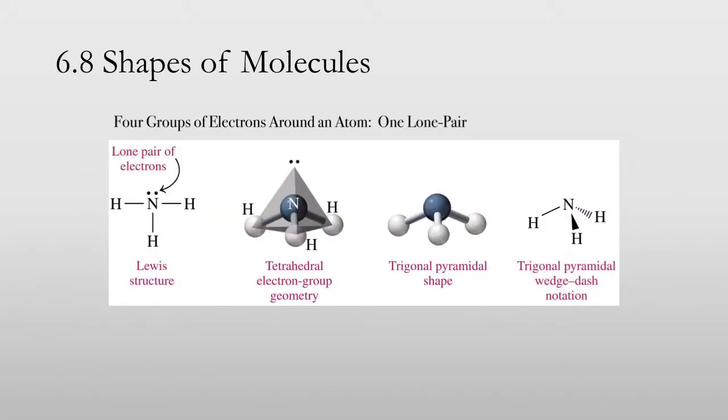All right, so when you have 4 groups of electrons around an atom and there's 1 lone pair, we get what we call a trigonal pyramidal shape. And so that's right here. The atom assumes a tetrahedral geometry.